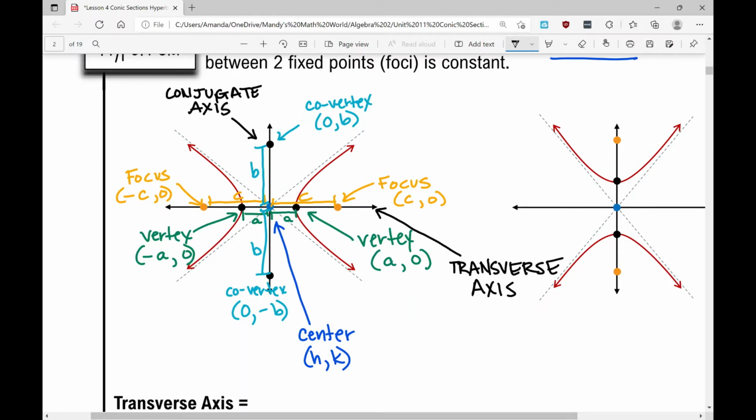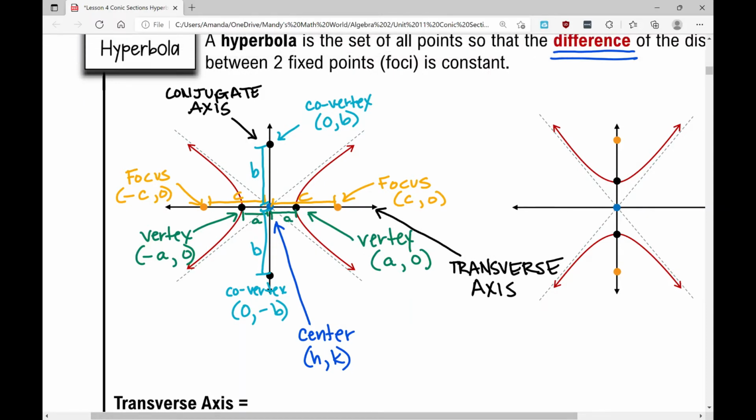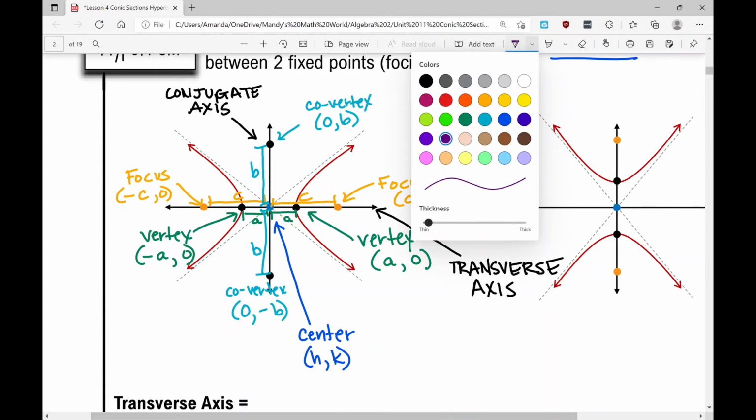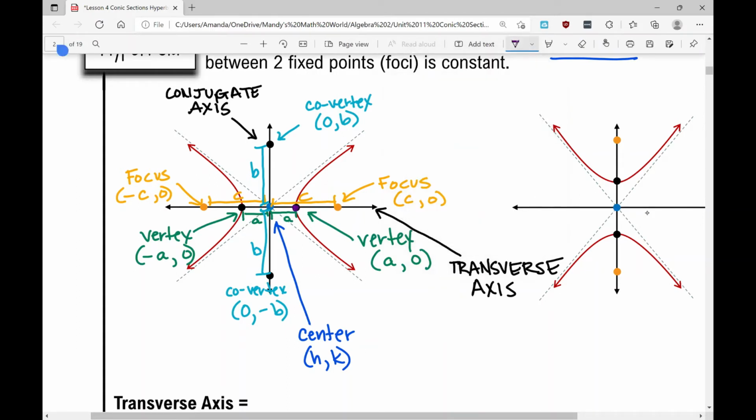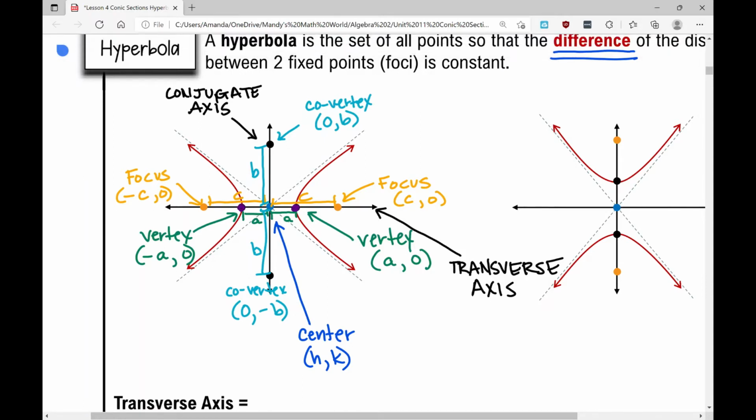When we talk about a hyperbola, I've got these two parabola-looking things going out in opposite directions. Each of them has a vertex right here, and they will approach an asymptote on both sides, which means they will get infinitely closer and closer to this line, and they will never touch it.